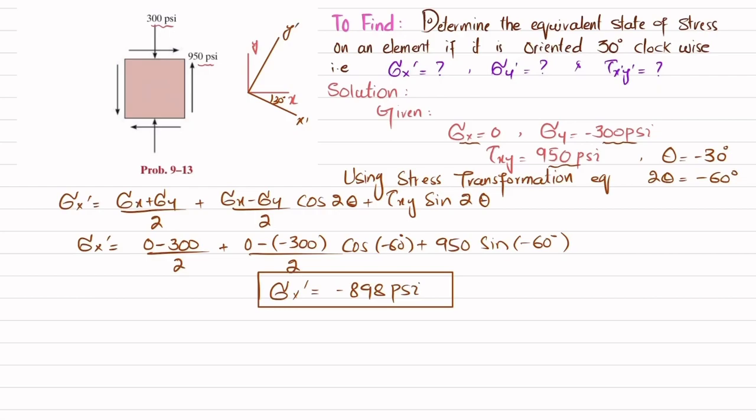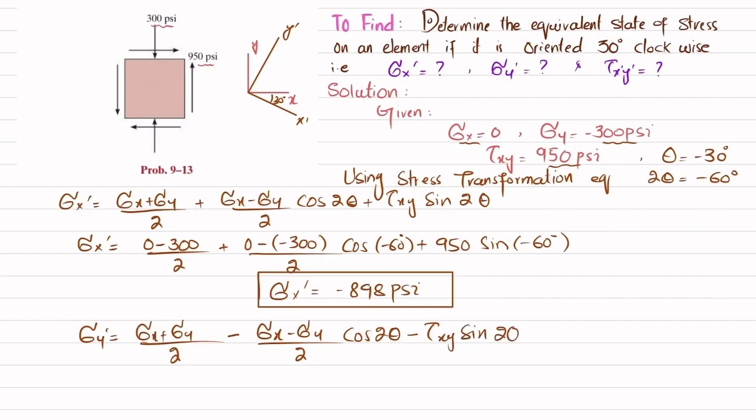Clear? Now sigma y dash: we have the formula sigma y dash is equal to sigma x plus sigma y divided by 2 minus sigma x minus sigma y divided by 2 into cos of 2 theta minus tau of xy sine of 2 theta.